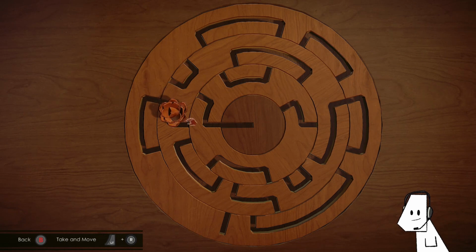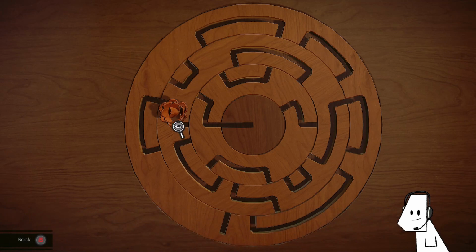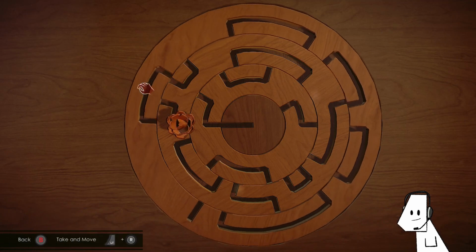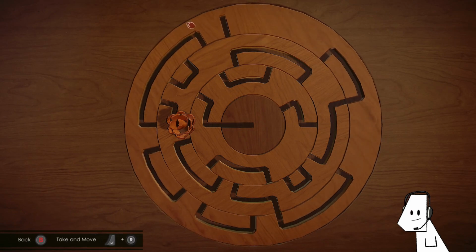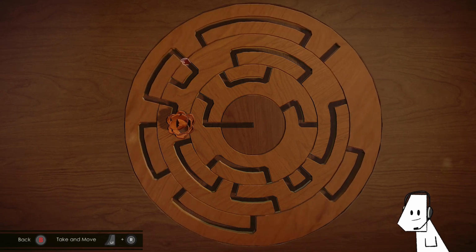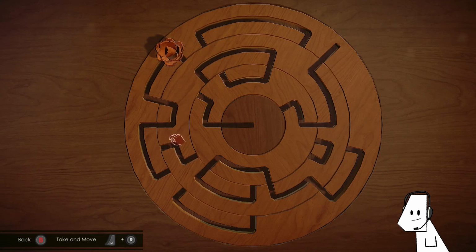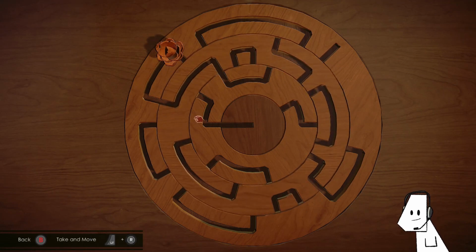Then we can go like that. The wooden flower is preventing the circle from turning. Of course it is. Don't think this is what I'm trying to do. Hang about, maybe this is actually. So now, if I... Oh, one minute.